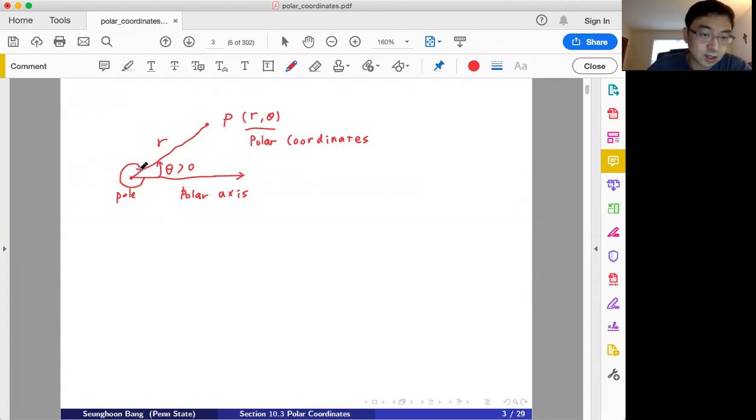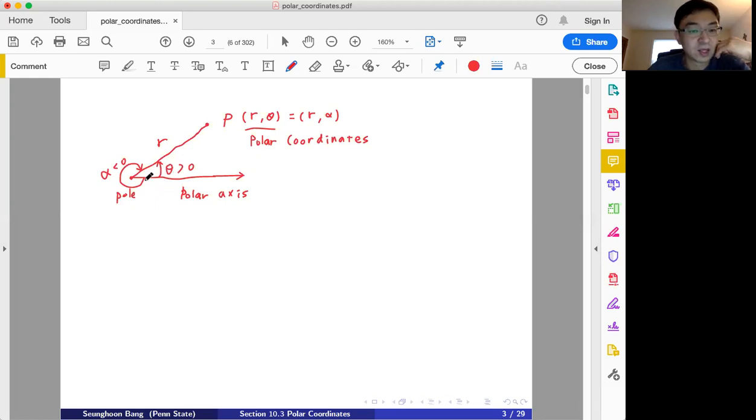This is another possibility for measuring the angle, angle alpha, which is negative. This is the same point (r, alpha). So we have infinitely many possibilities for measuring the angle. Counterclockwise direction gives a positive angle; clockwise direction gives a negative angle.